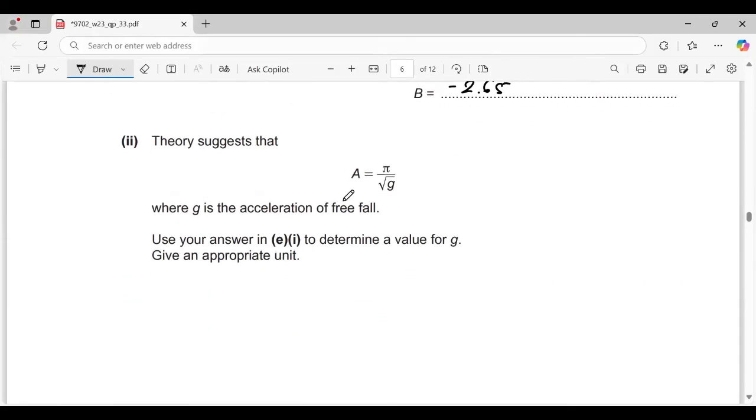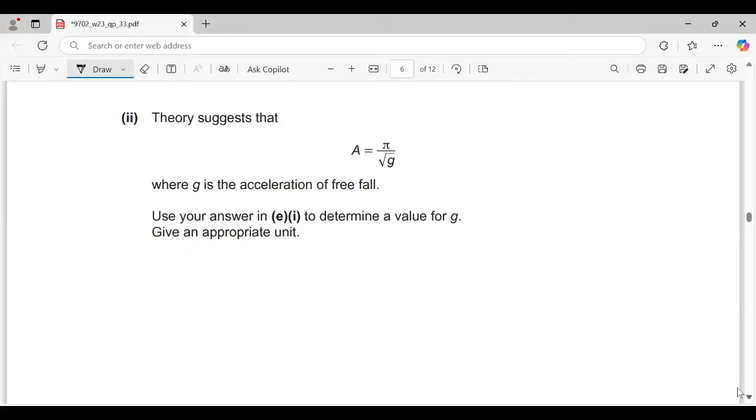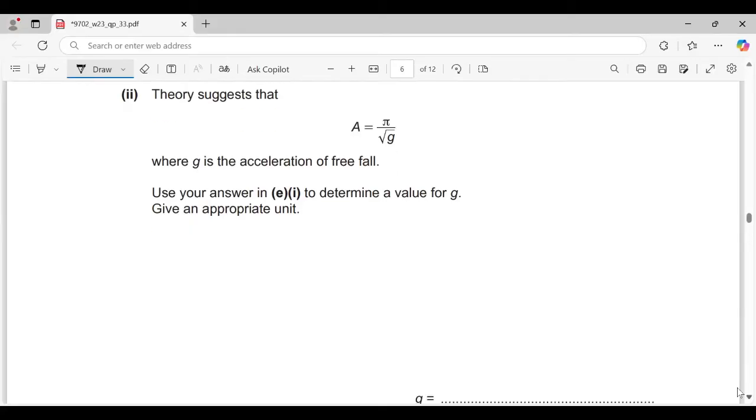Theory suggests that A equals pi over square root g, where g is the acceleration of free fall. Use your answer in part E.1 to determine a value for g. Give an appropriate unit. Okay, so A equals pi over square root g.